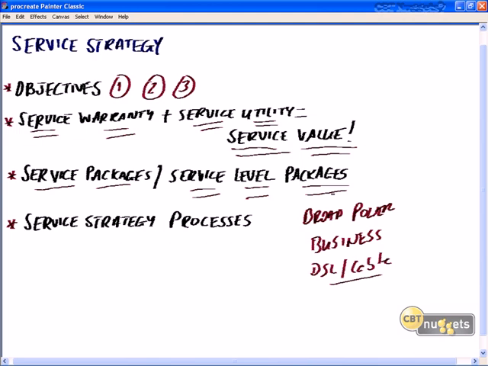So to summarize, a service package is going to contain typically a core service package, which is the basic critical services, then some type of supporting service package, and that could be like a number of email accounts or spam filtering or antivirus, for example. And then I can add to that the service level packages. I'll put SLP here. And again, that goes back to the kind of value that I want as a customer: service warranty, service utility.